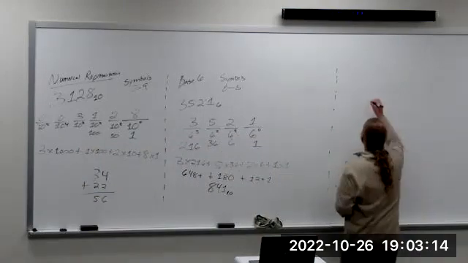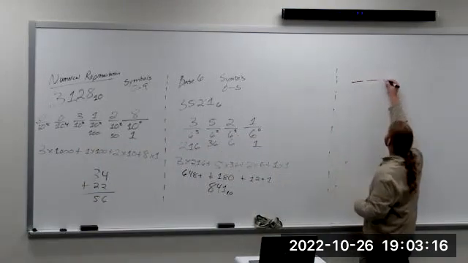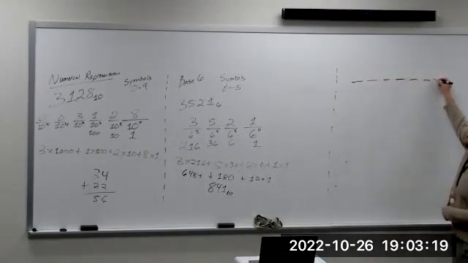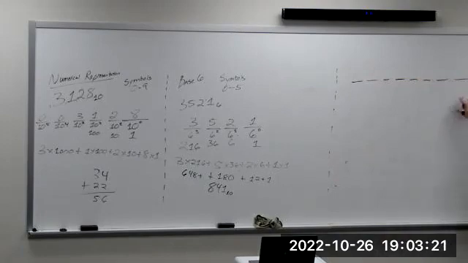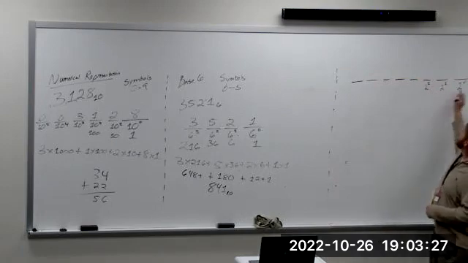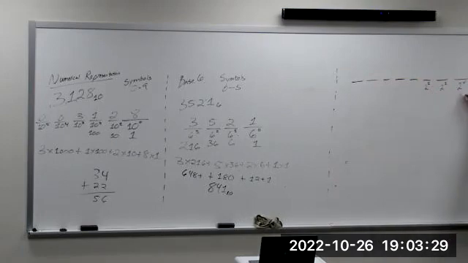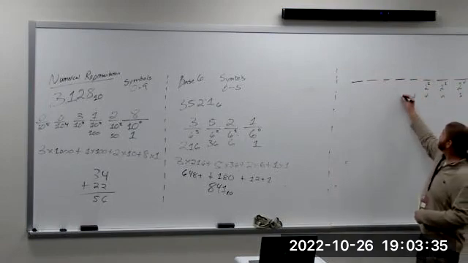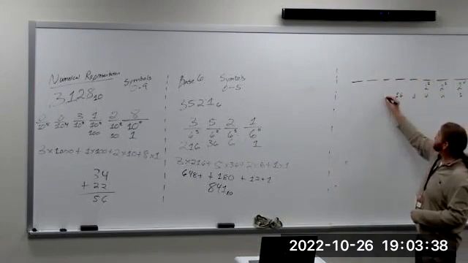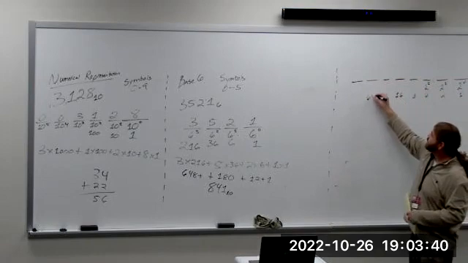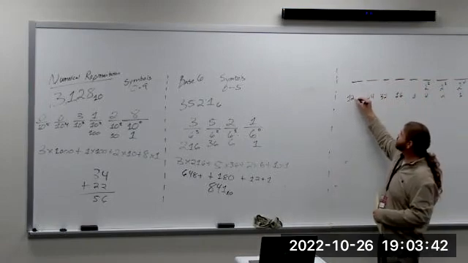Same thing still applies. We have a bunch of columns. Each one's a power of 2, starting at 2 to the 0, which would be the 1, and then we double it: 1, 2, 4, 8, 16, 32, 64, 128.